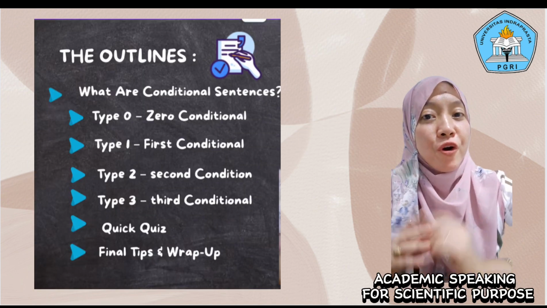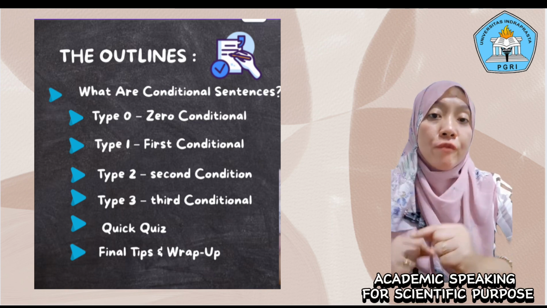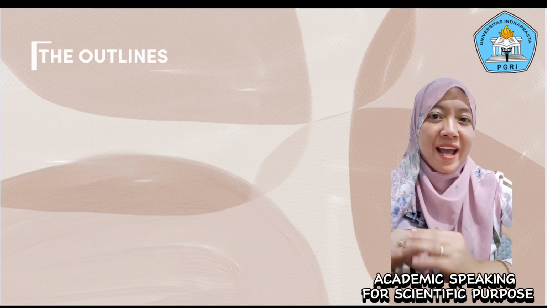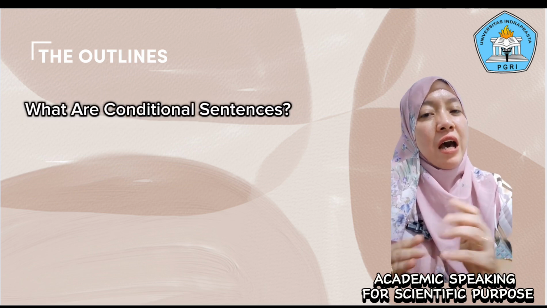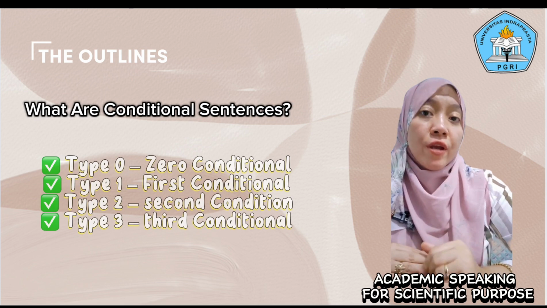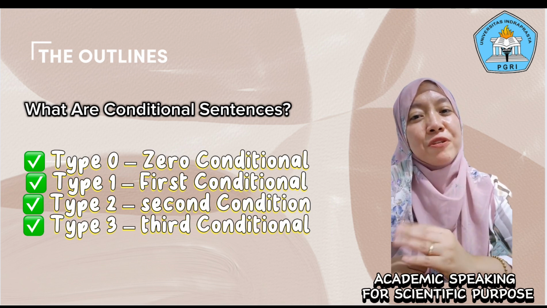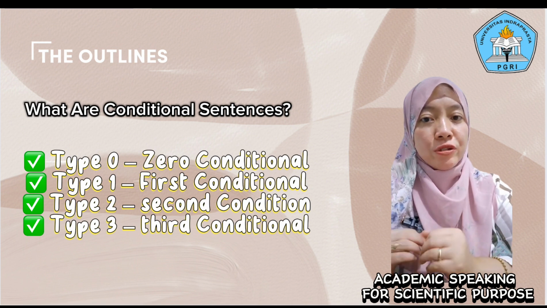Okay, now, before we dive into the lesson, let me give you a quick overview of what we're going to cover today. First, we'll begin with a simple explanation of what conditional sentences are, how they work, and why they're important. Then, we'll explore the four types of conditionals, starting from type 0 all the way to type 3.